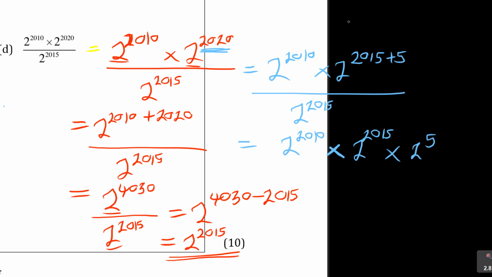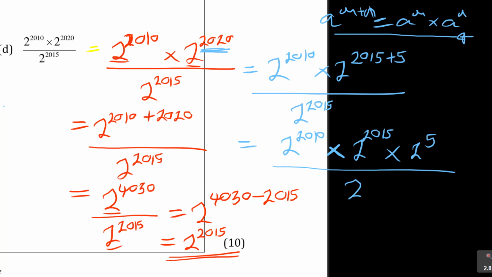The first law. Remember, a to the power m plus n is also equal to a to the power m times a to the power n. I'm reading it the other way around. You are used to going in this direction, but I'm reading it the other way around, over 2 to the power 2015. So when you see this, cancel that.